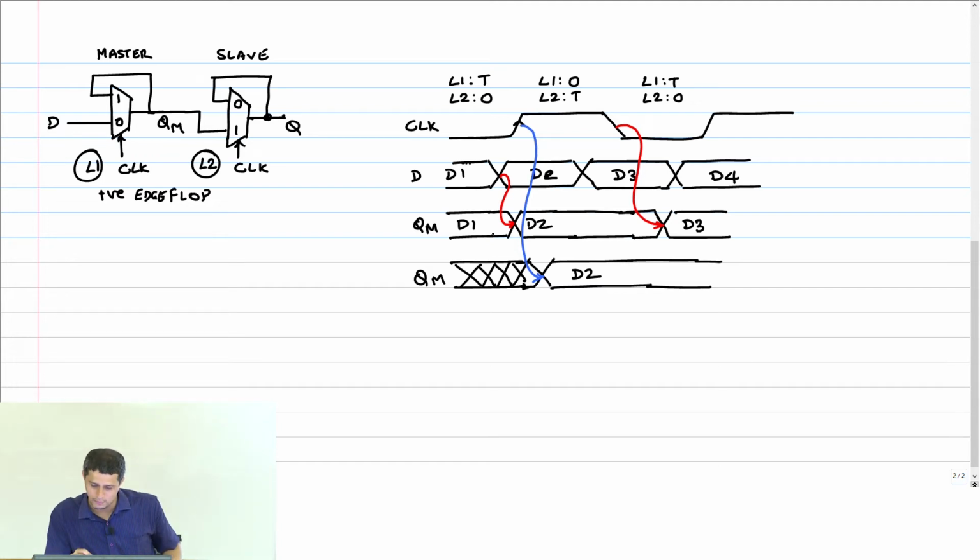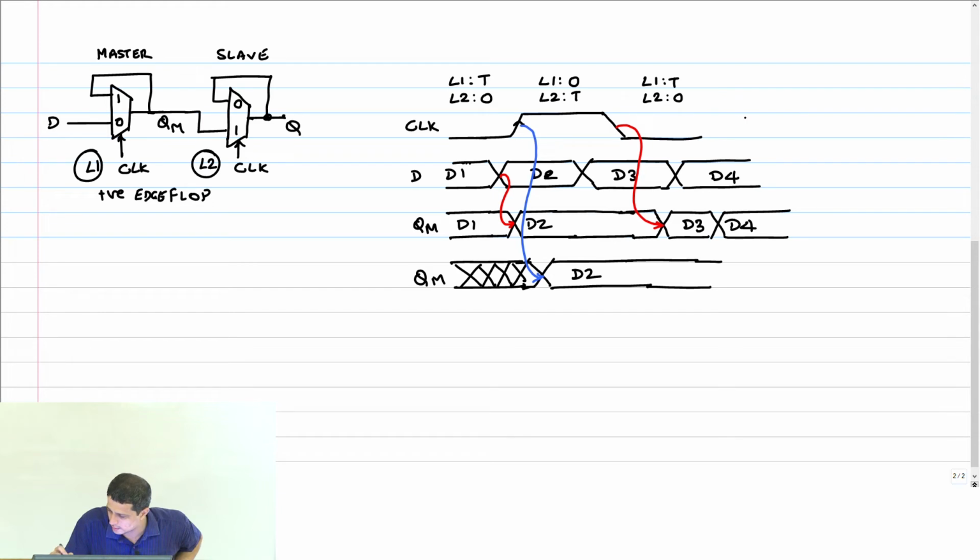So QM, it changes to D3, but then it will also switch to D4. Correct? Yeah, that's right. D4. Okay, so maybe I can move this clock a little bit. Yeah.